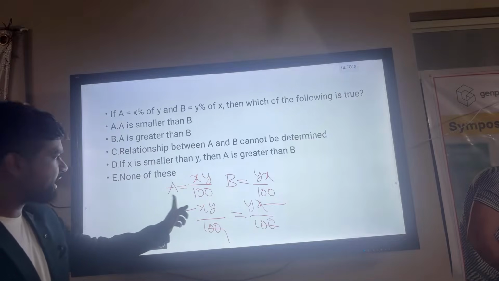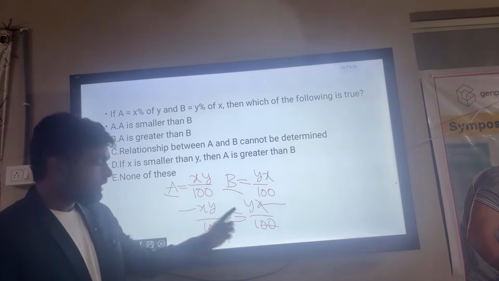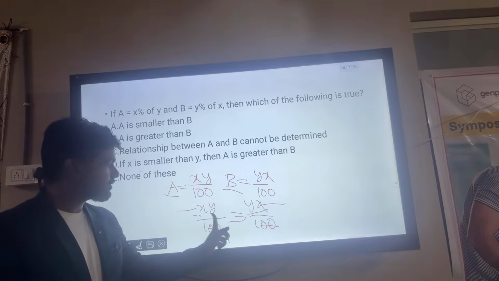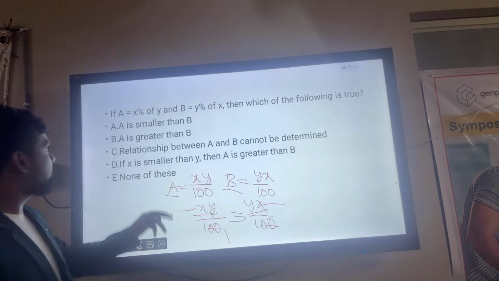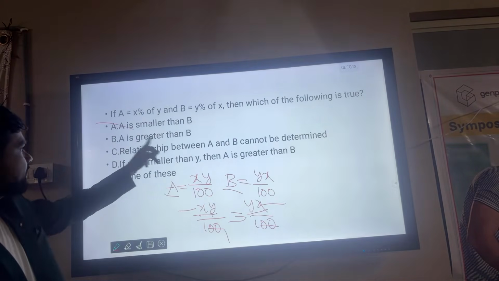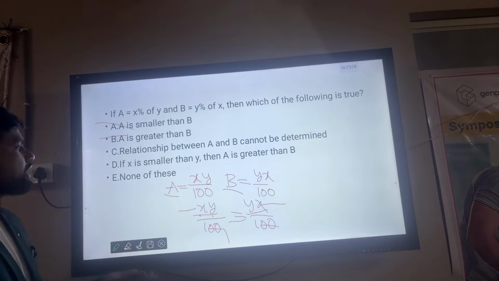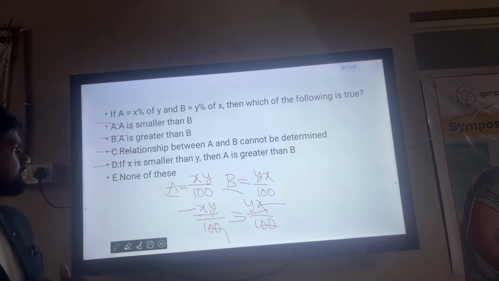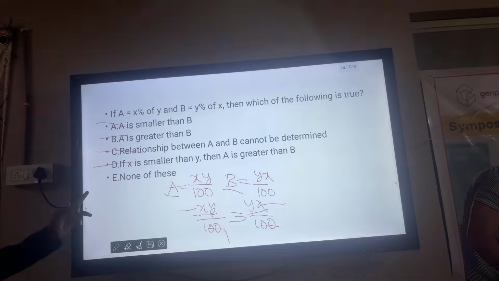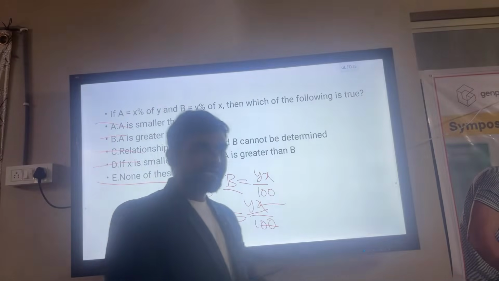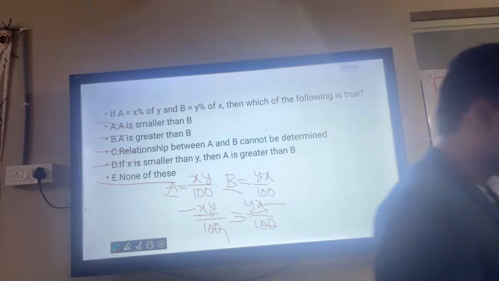As per this question, A and B both are equal, but they are saying smaller, or greater. No. Relationship cannot be established? No, we got the relation. A is equal to B. So the option is none of these, because A and B are both equal.